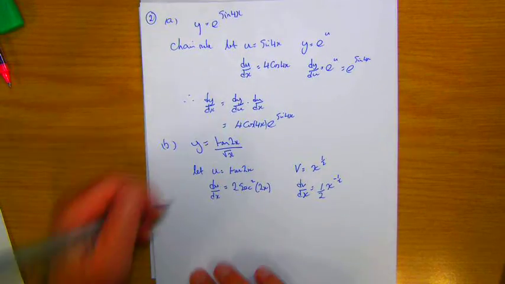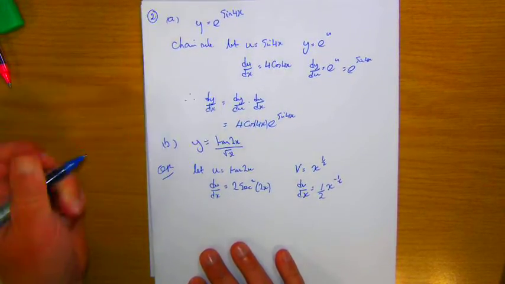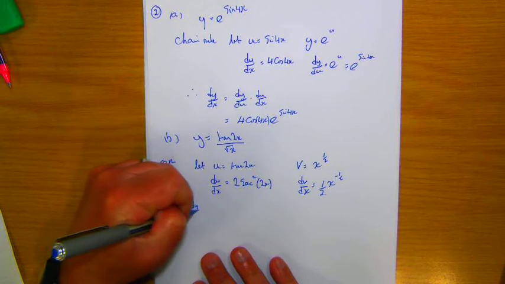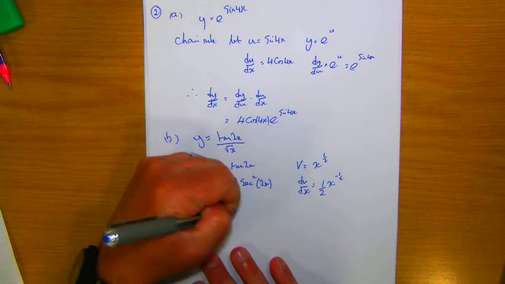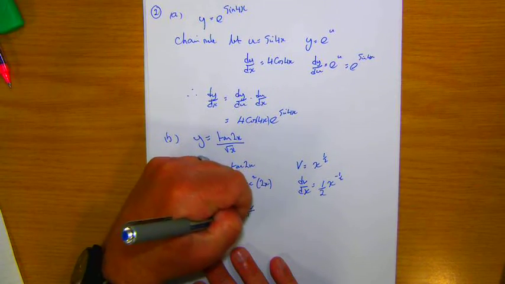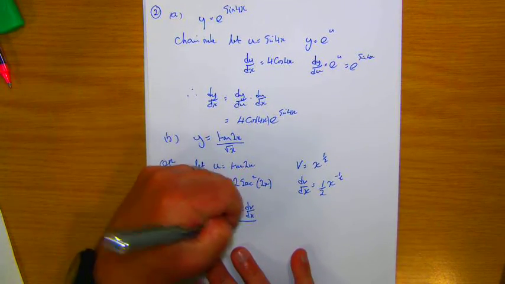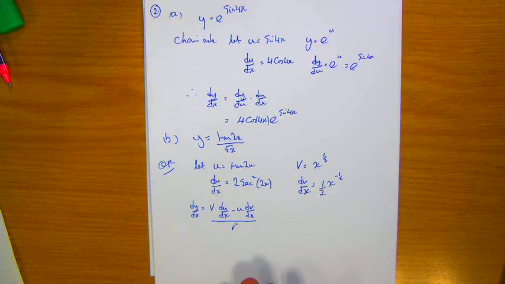The quotient rule, dy dx equals v du dx minus u dv dx all over v squared.